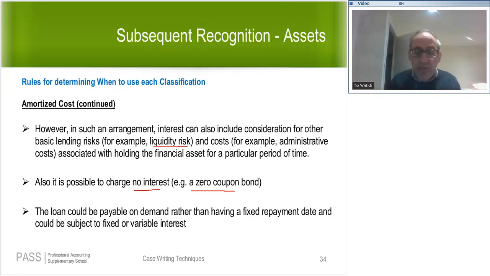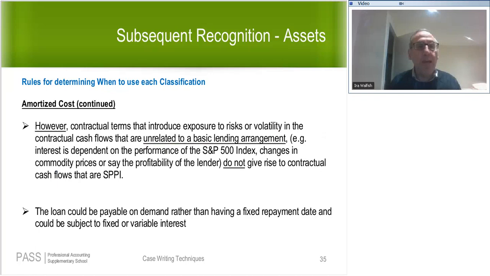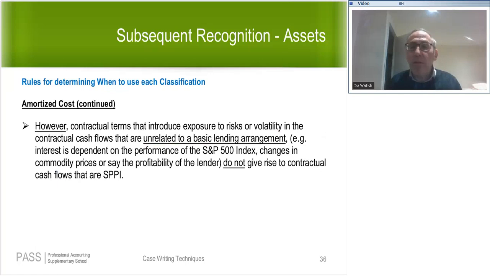If the contractual terms introduce exposure to risks or volatility in the contractual cash flows that are unrelated to basic lending arrangements, say, for example, sometimes you see this in the marketplace. Say I buy a bond where I'm guaranteed to get at least 4% interest, but I get additional interest if the S&P goes up by a certain amount. Everybody with me? Or maybe it's linked to a particular commodity. If the price of gold goes up, I get more interest.